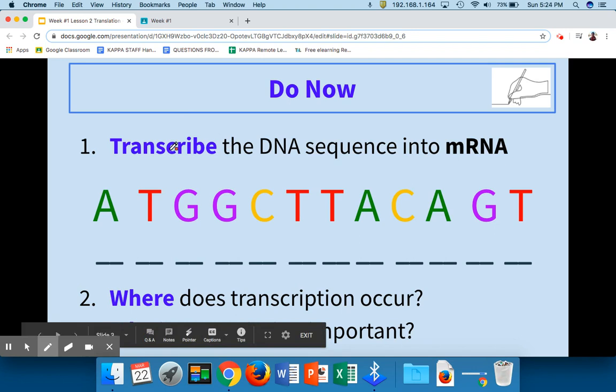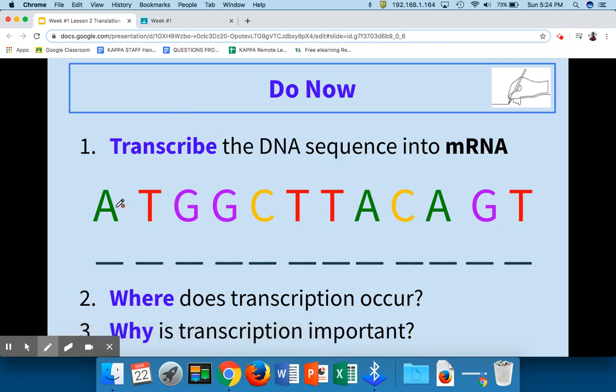So to transcribe our DNA sequence into mRNA, we use our base pairing rule. And for mRNA, if you remember from lesson 1, whenever there's an A, mRNA will pair with U for uracil because there's no T for mRNA.